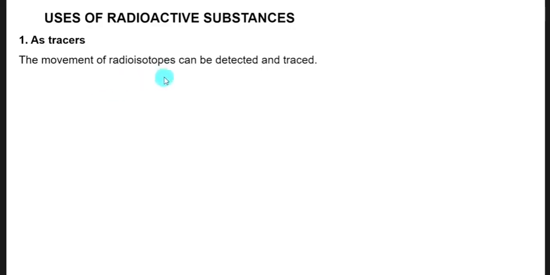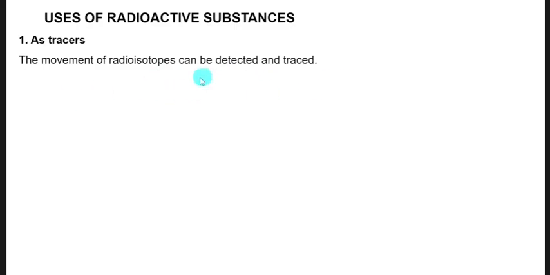So let's move now to uses of radioactive substances. Radioactive substances have very important uses. One of them is as tracers. We are saying the movement of radioisotopes can be detected and traced.